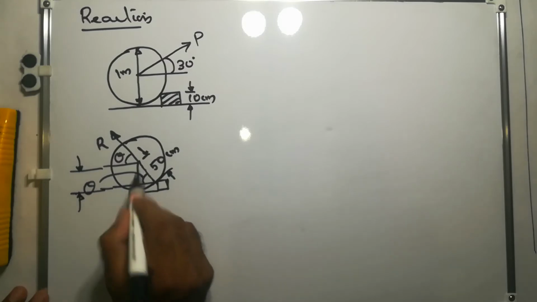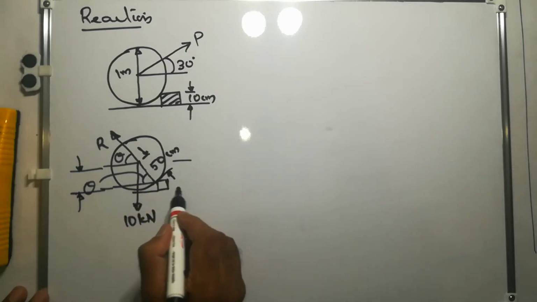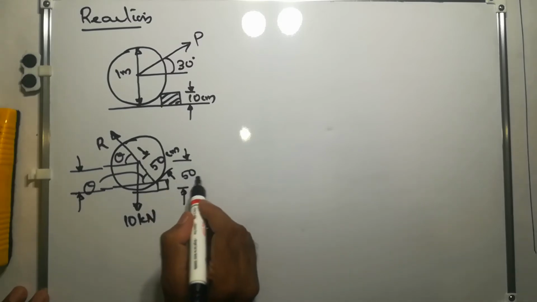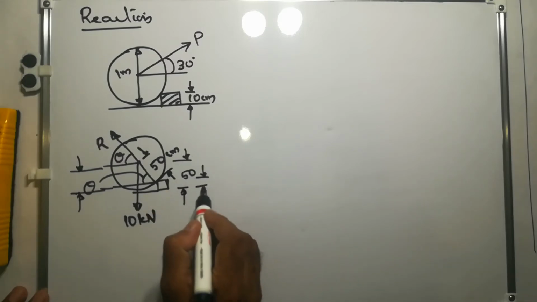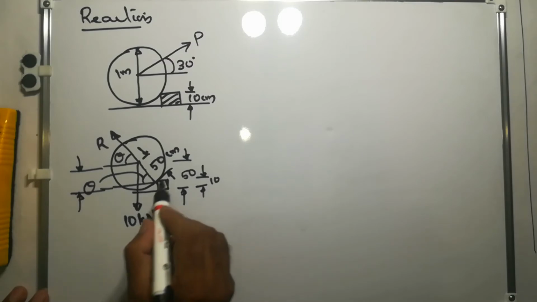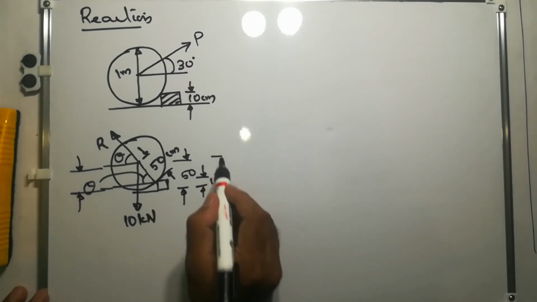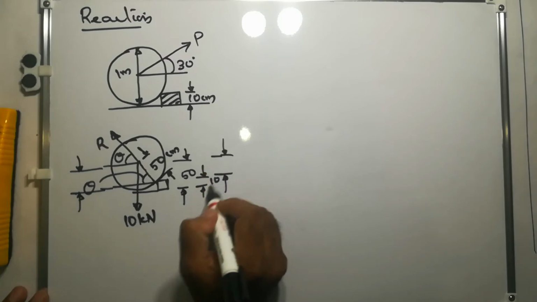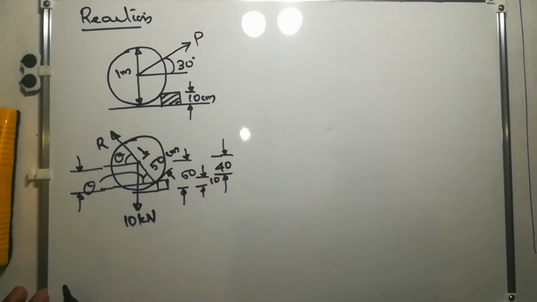This radius is 50, and the obstacle's height is 10. Therefore, the remaining distance will be 50 minus 10 equal to 40.